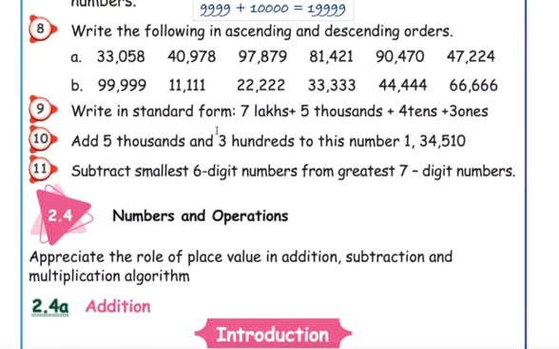Write it in standard form. 7 lakh 5,000 4 tens 3 ones. What is the standard form? Number form is this, 7 lakh 5,000. So 5,000, 4 tens, 100 is missing, 4 tens, 3 ones.